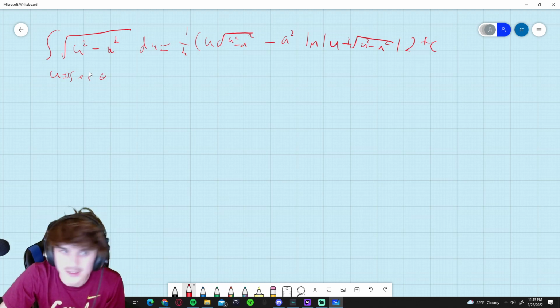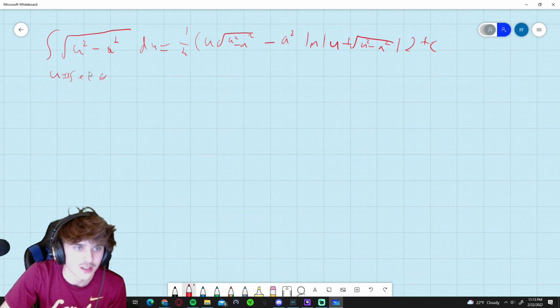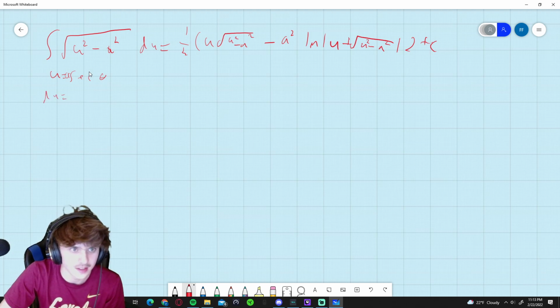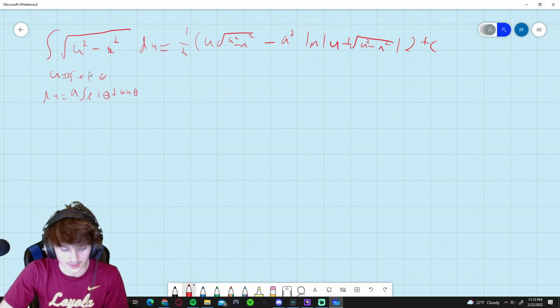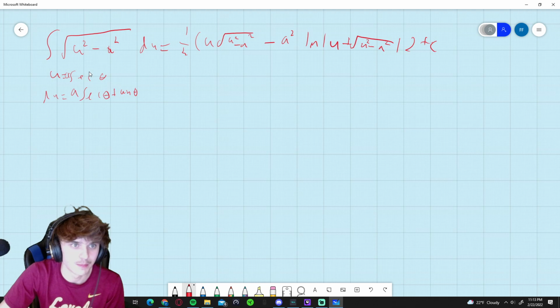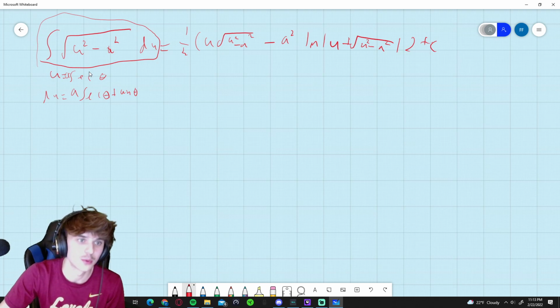The constant is a, and this is u. So u equals this. So then du equals a secant theta tangent theta. So we're just solving for this one right here, making sure this is equal to that, proving it through trigonometric substitution.